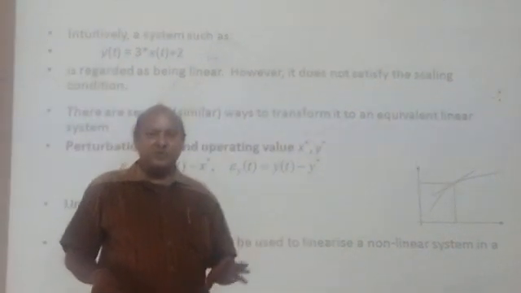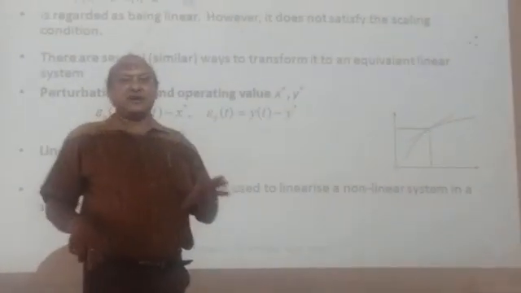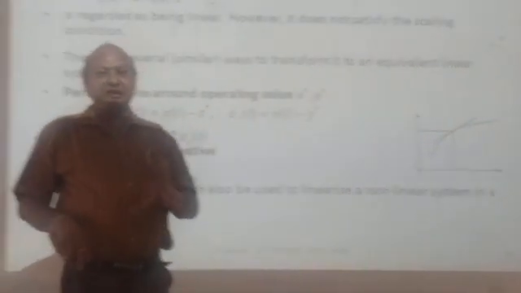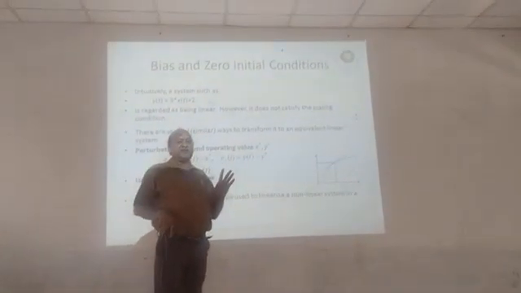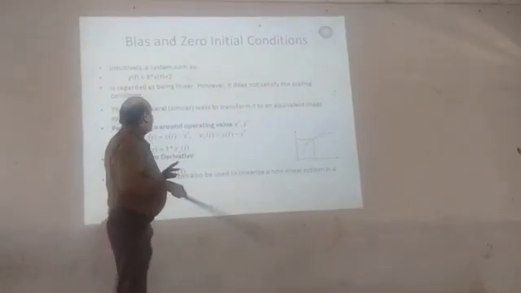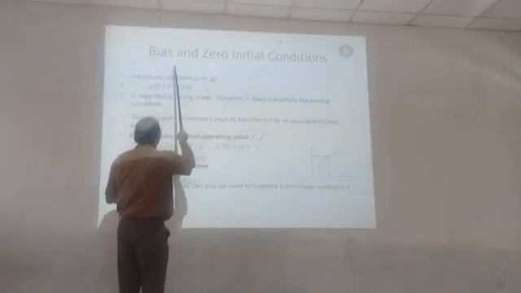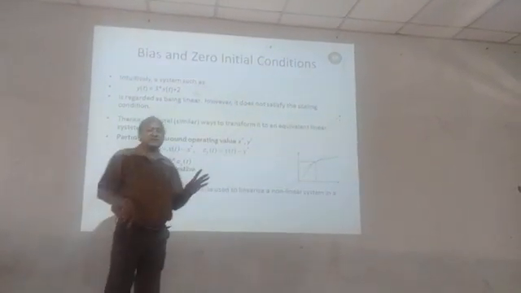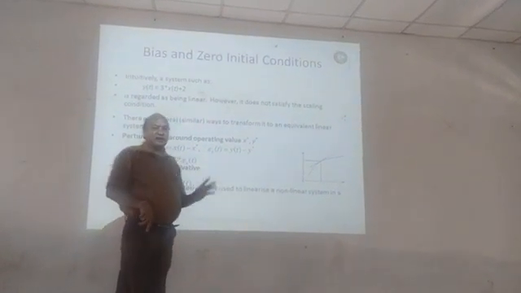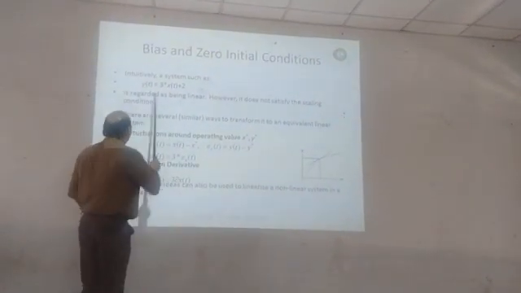So we can put the voltage across the capacitor initially at t = 0 equal to 0. That is called the initial condition. So similarly, we have the bias and zero initial conditions while solving these differential equations for linear systems.